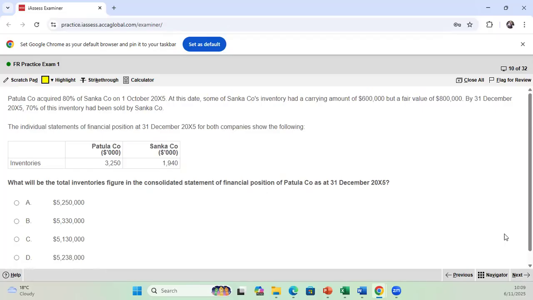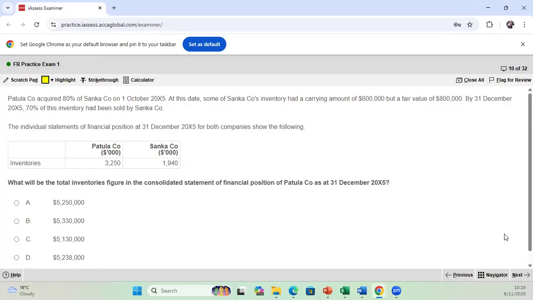On the date of acquisition, inventory had a fair value of 800, which is greater than the carrying amount of 600. So it was greater than the carrying amount by 200, because it was recorded at 600, but in fact it was 800.